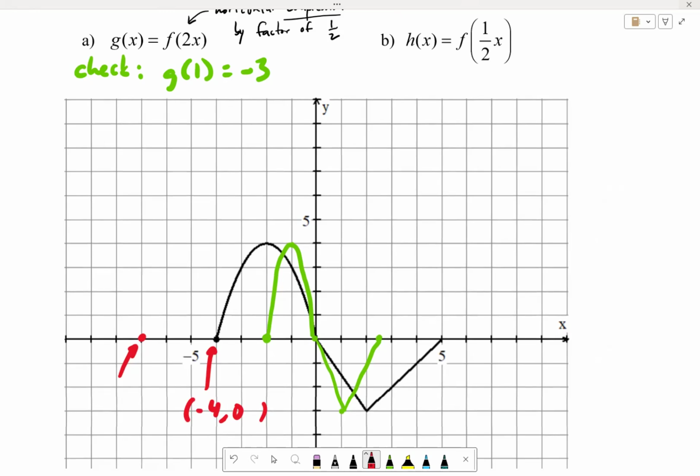Negative 7, 0. So I made a mistake with that one, didn't I? It should be negative 8, 0. Sorry for the mix-up. Once again, it's negative 8 because all the horizontal components are being stretched by a factor of 2. Negative 4 goes to negative 8.